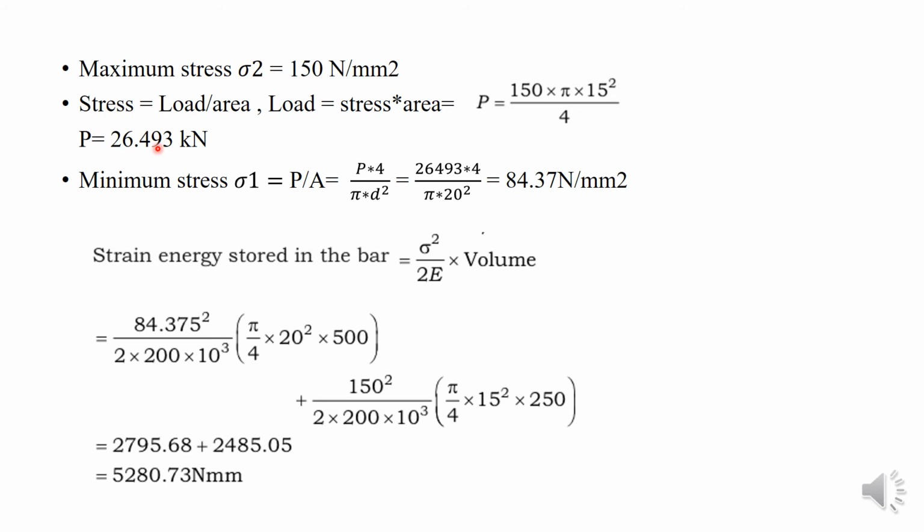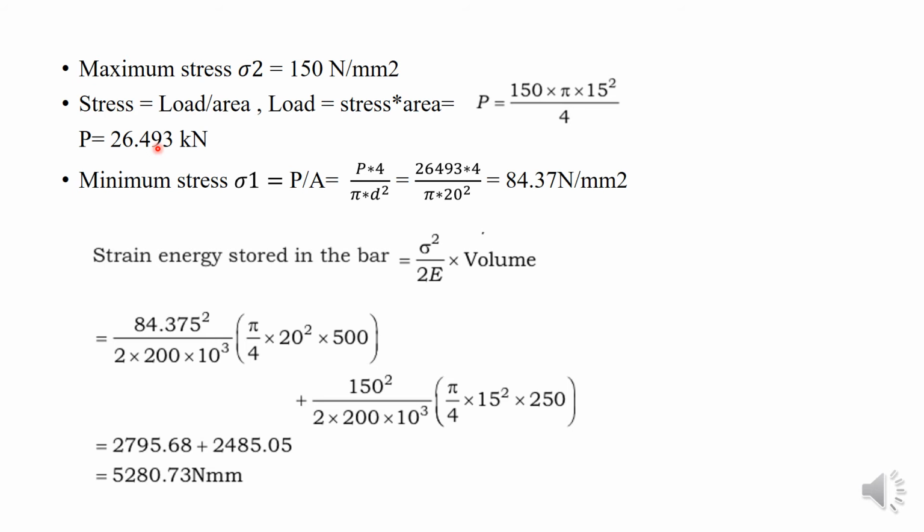So we have the stress values for both sections, and we know the equation for strain energy. Strain energy is equal to sigma square divided by 2E into volume. E is given in the question. Volume can be found using the equation area into length; the area we already found, and the length is given in the question.